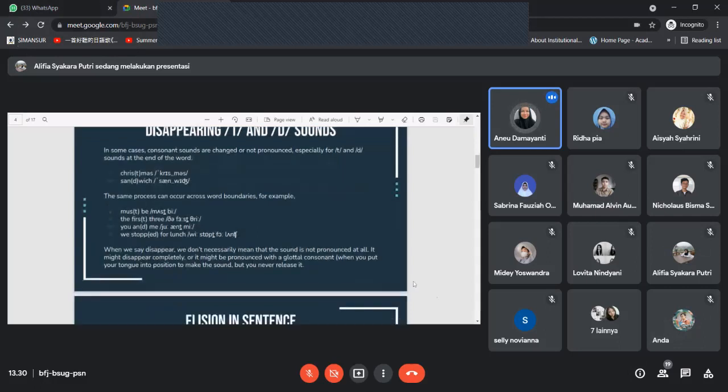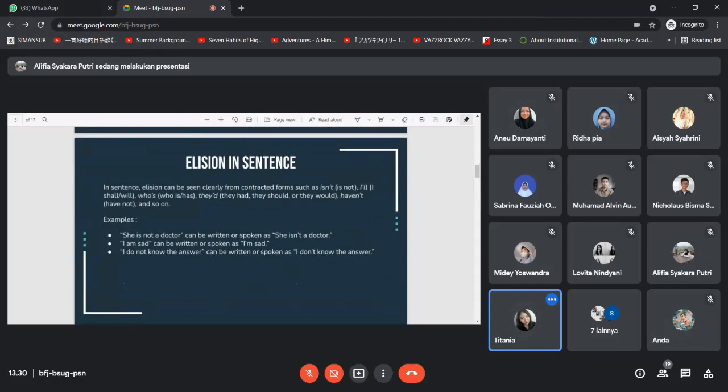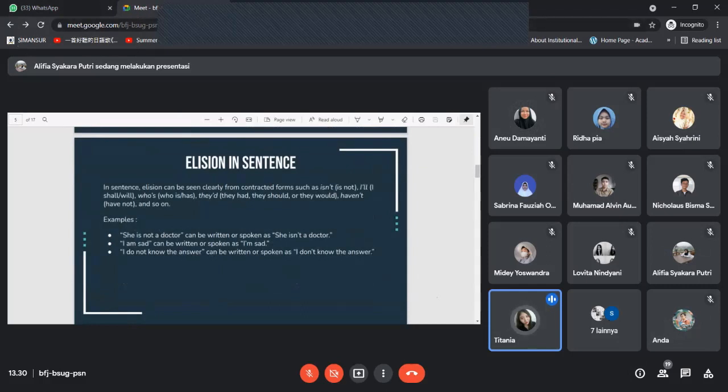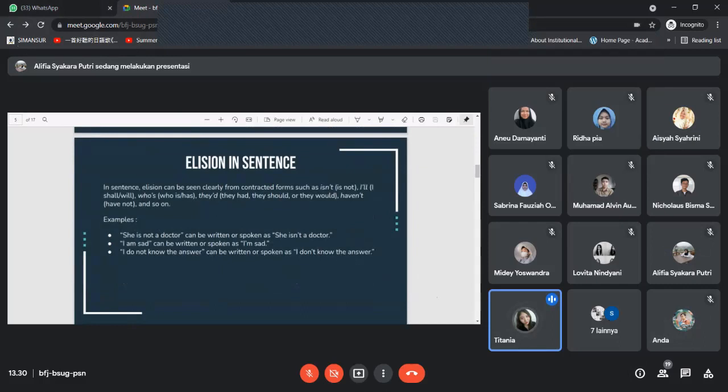And the next one will be explained by my friend. Okay, elision in sentence. In sentence, elision can be seen clearly from contracted forms such as isn't, is not; I'll, I shall or will; who's, who is or has; they'd, they had, they should or they would; haven't, have not, and so on.